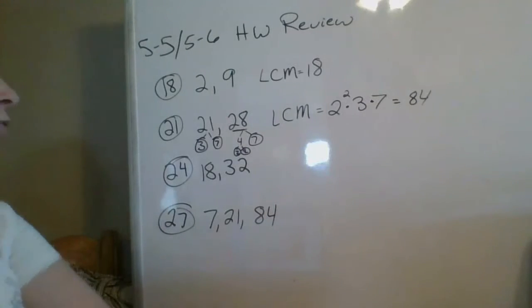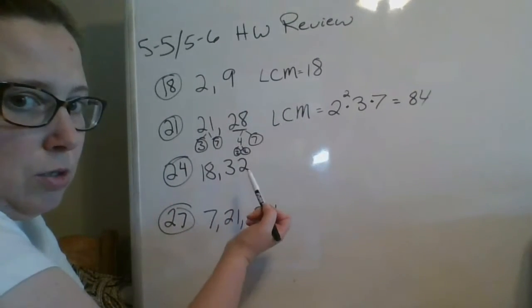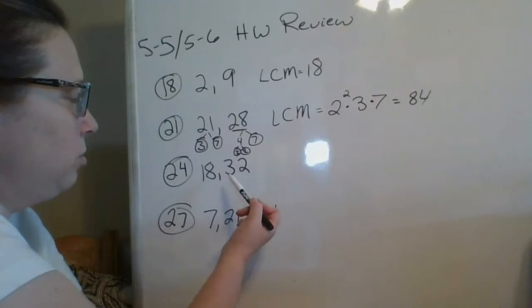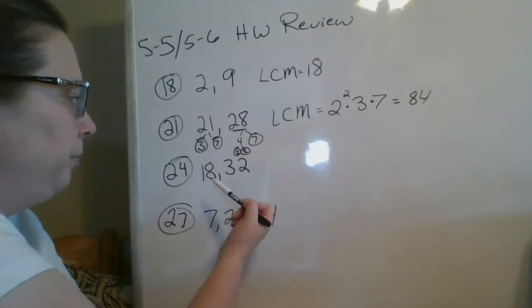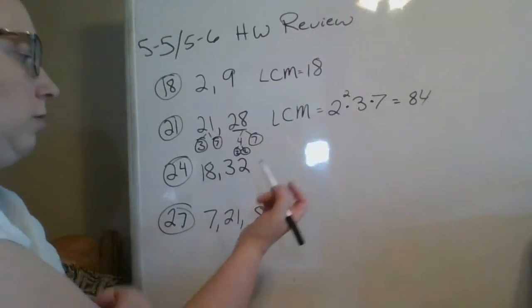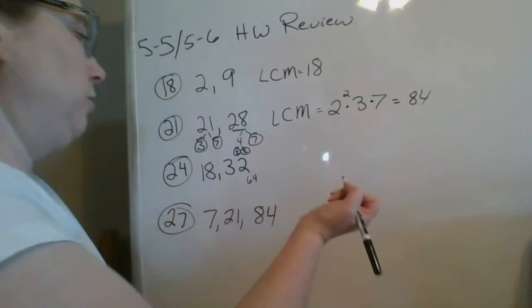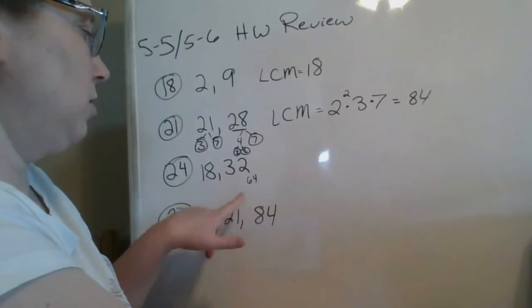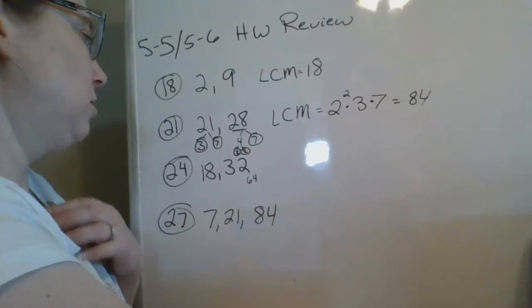Number 24, we start with 32. Does 18 go into 32? No. So I'm gonna think about doubling this because I feel like it should work. Be 64. Does 18 go into 64? Let's see.